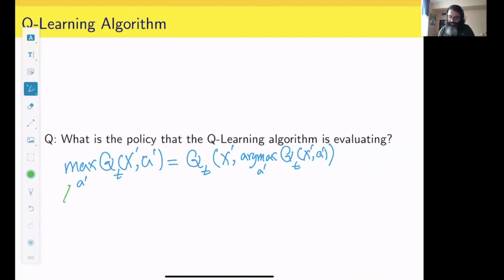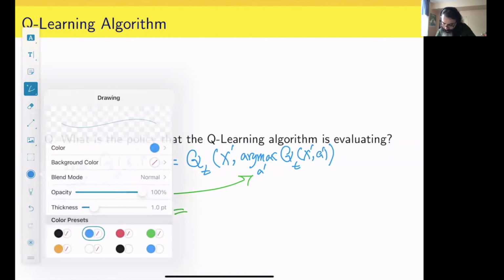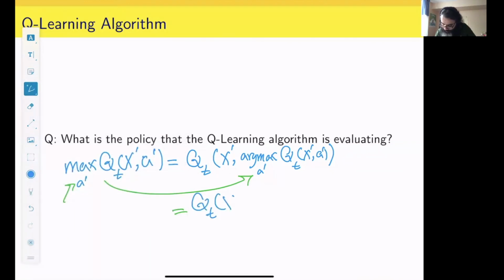I basically bring the maximizer inside, so I get this argmax. But what is this argmax? This argmax is computing the greedy policy with respect to Q_t at state x prime. So that would be the greedy policy at state x prime of Q_t.